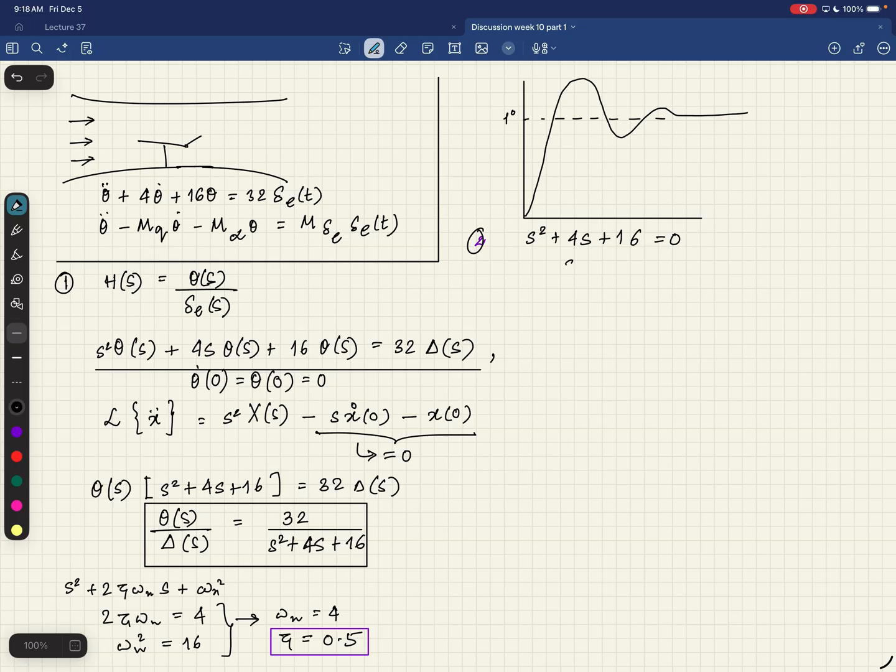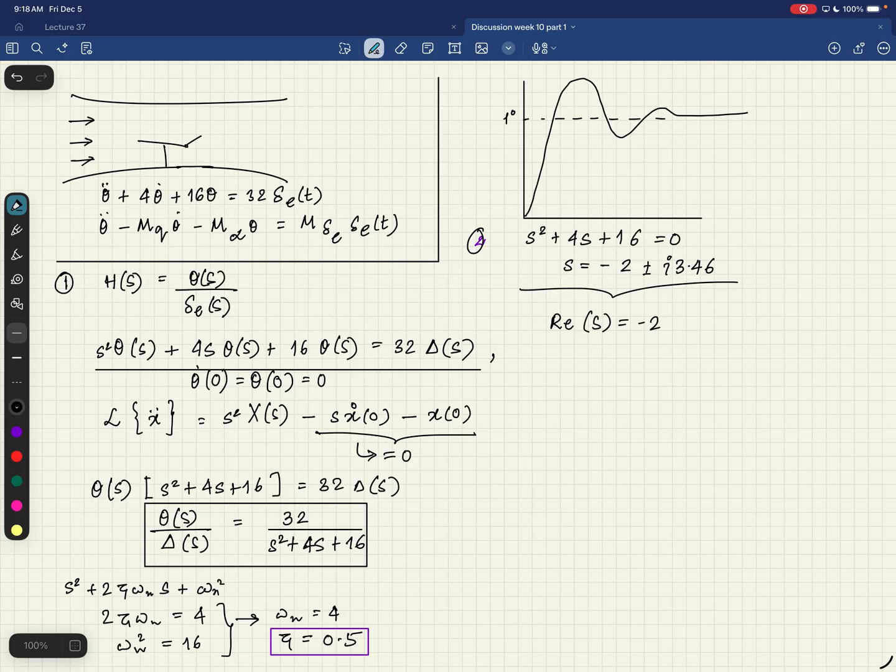You will see that the roots come out to be -2 plus minus i 3.46. So the real part of the roots is -2 and we have a non-zero imaginary part.